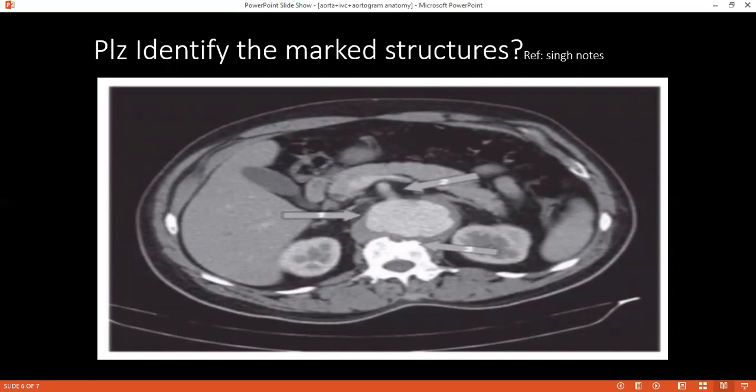I think it's L1. Yeah, one can say transpyloric plane. Yes, there is a supramesenteric artery which comes transverse, longitudinal with aorta, and both kidneys and liver and spleen.